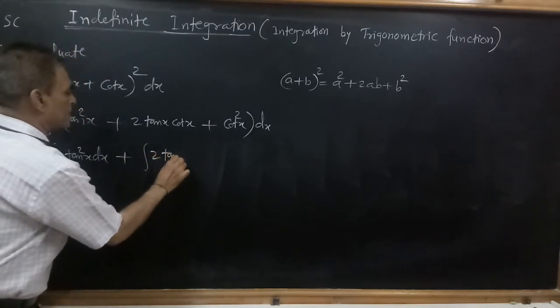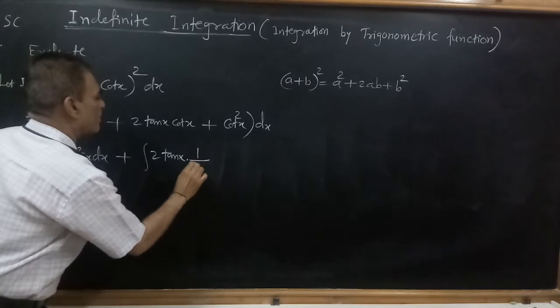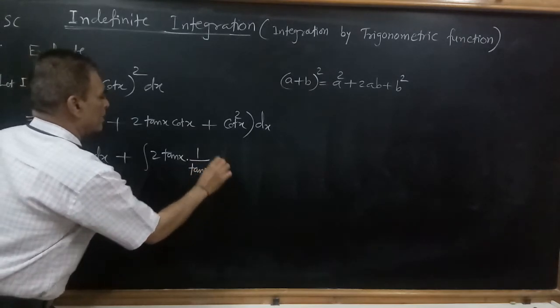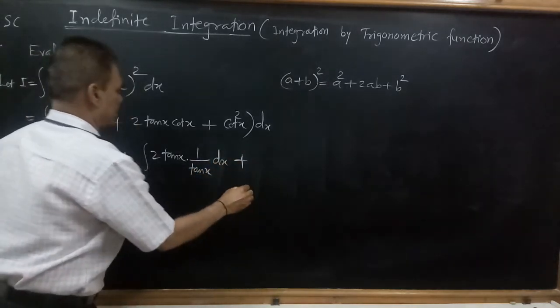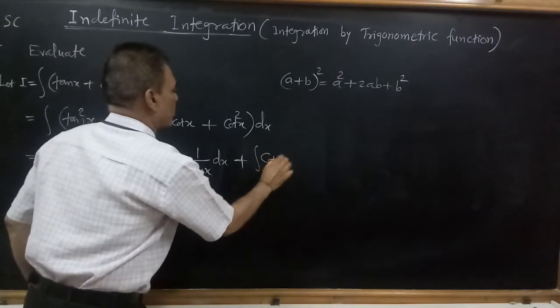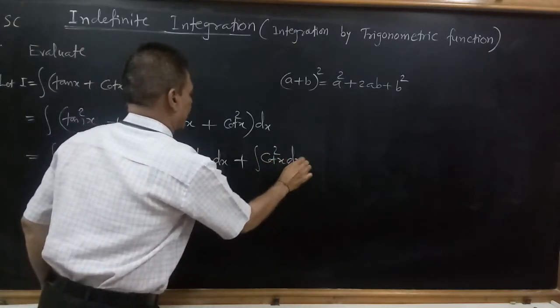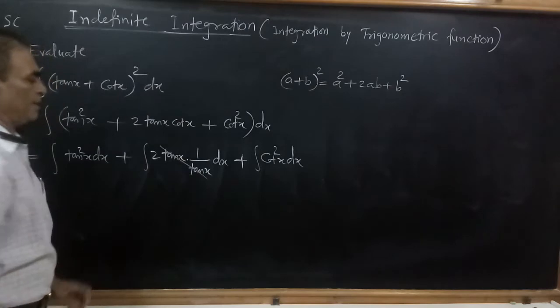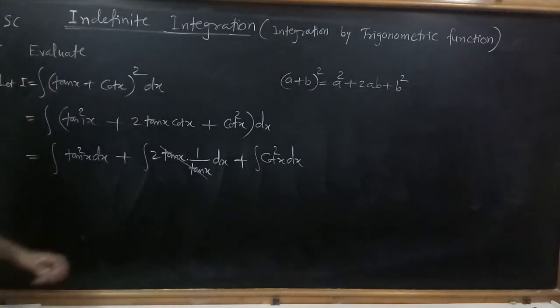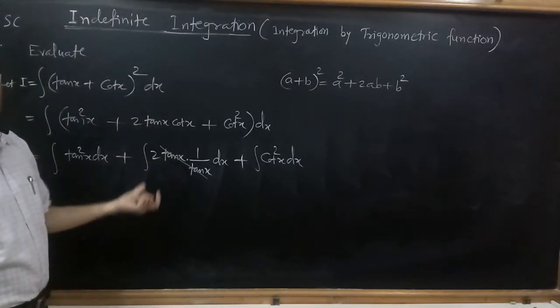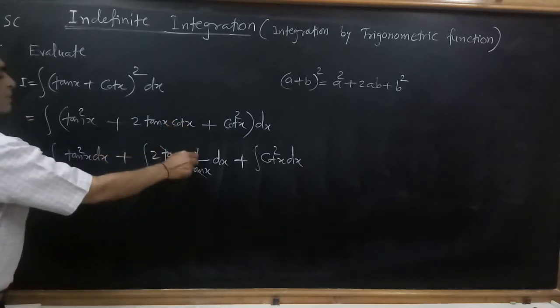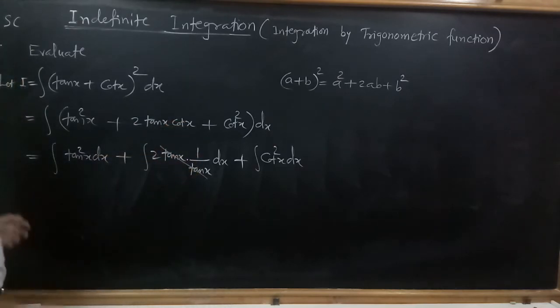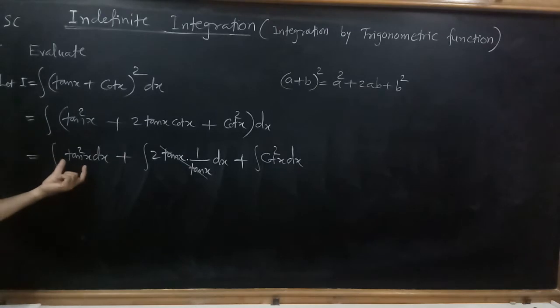So 2 tan x into 1 upon tan x dx plus integration of cot square x dx. Cancel this tan. You know the relation between trigonometric functions: cot theta equals 1 upon tan theta. Then you can't find the integration of tan square x directly.